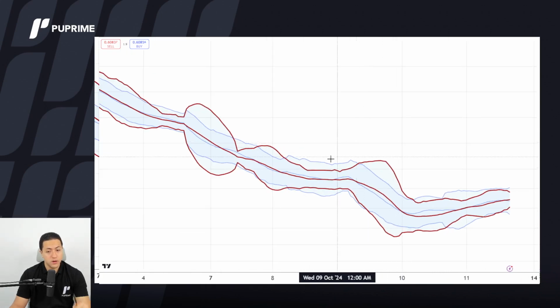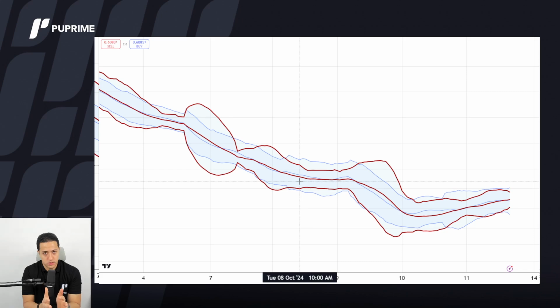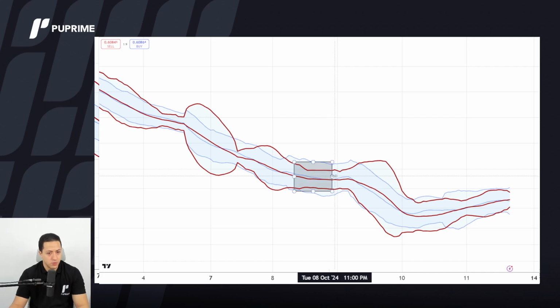When the Bollinger Bands, which are the red lines, are so close together that they are inside the Keltner channel, like this part here, so you see the red lines are inside the blue lines, this means that the momentum is weak. We don't have momentum. Prices are so slow, they are doing nothing at the moment.